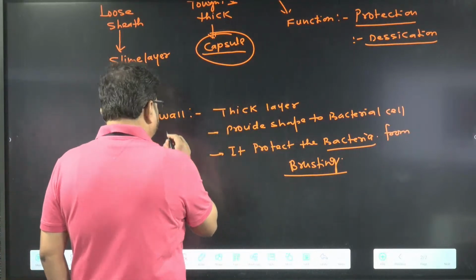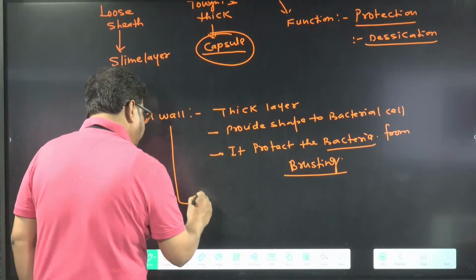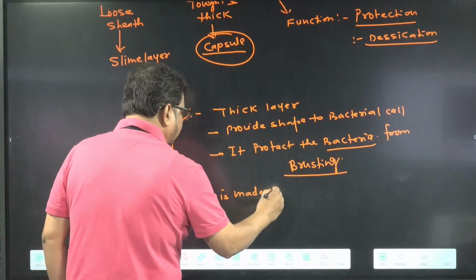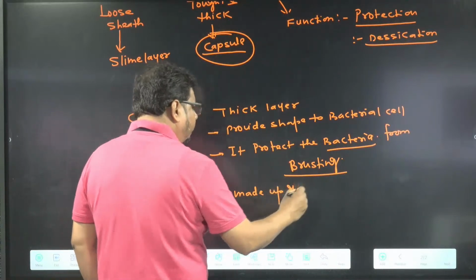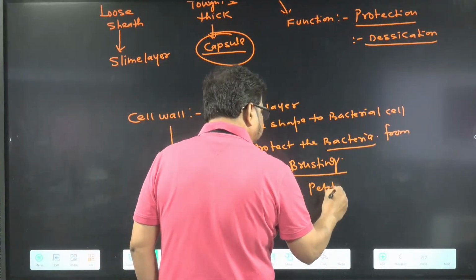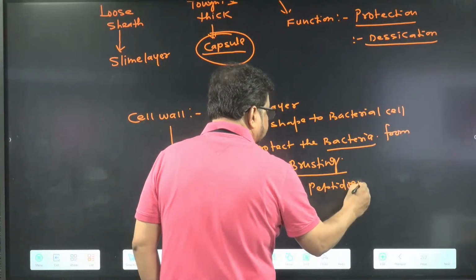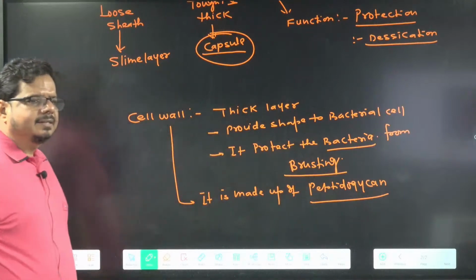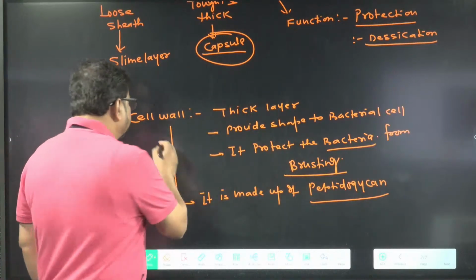And if you talk about the cell wall, it is made up of peptidoglycan. What is it made up of? Peptidoglycan. Understanding the idea? So this is about the cell wall.